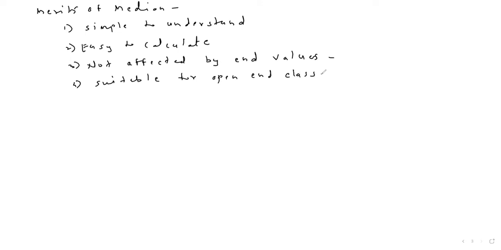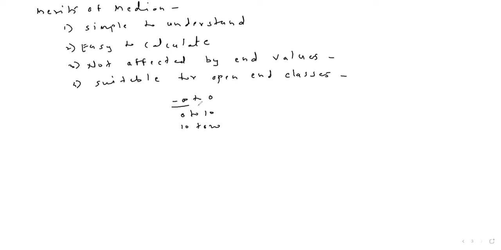See, open-end classes means the classes which don't have the lower limit of the first class or the upper limit of the last class. Suppose I need to include the negative values in the data set, then I have a class as minus infinity to 0, then I have 0 to 10, then 10 to 20, in this manner. So over here, the lower limit of the first class is minus infinity.